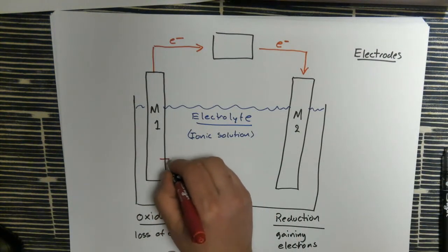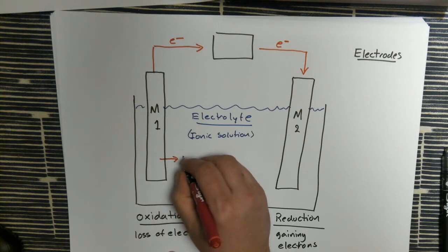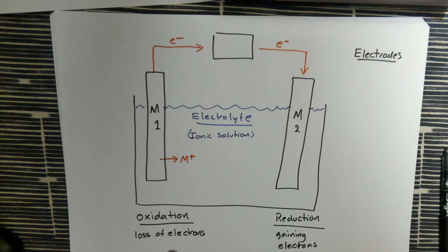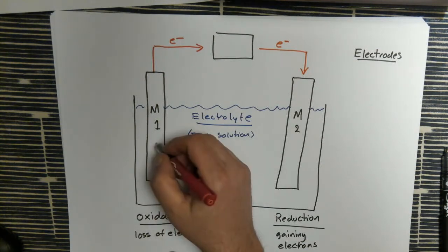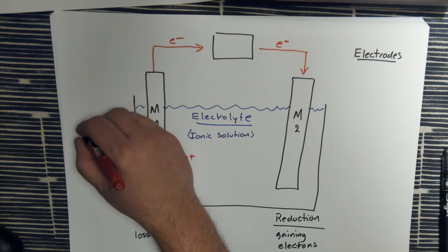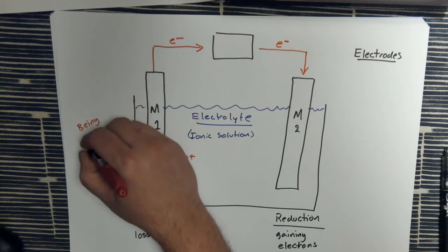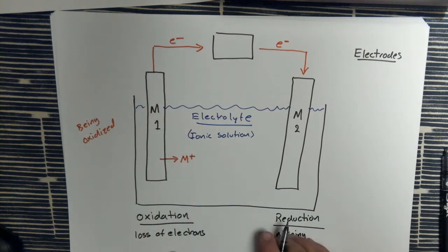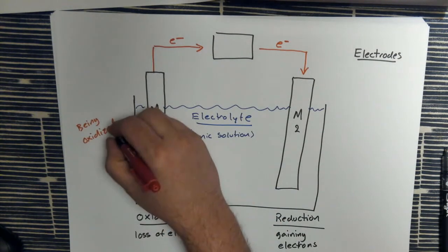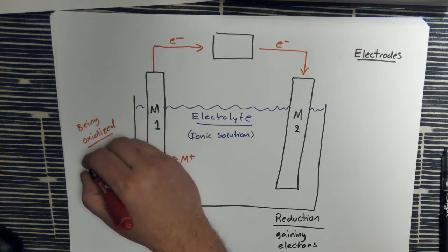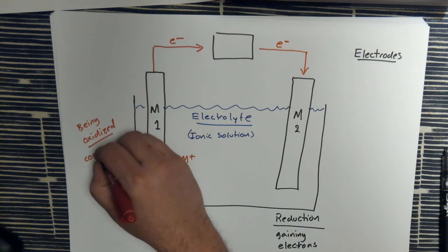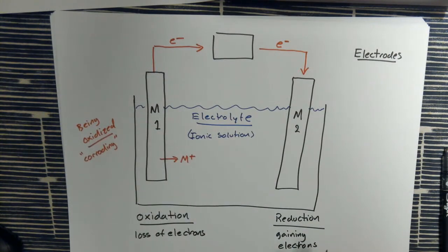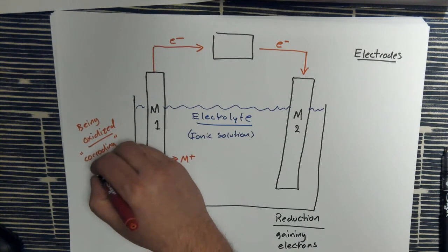So it must be turning into an ion itself. So this electrode is being oxidized, but if we were to observe it, we would observe that it was actually being corroded. So it's corroding. And in normal language, we might say it was rusting or dissolving.